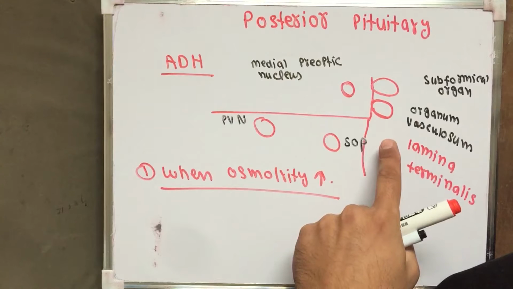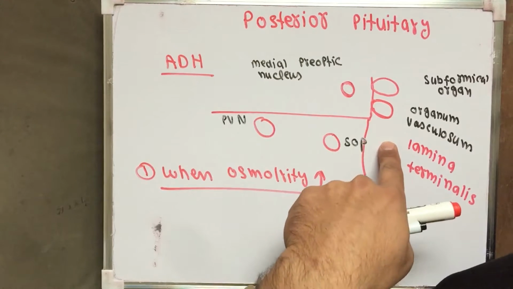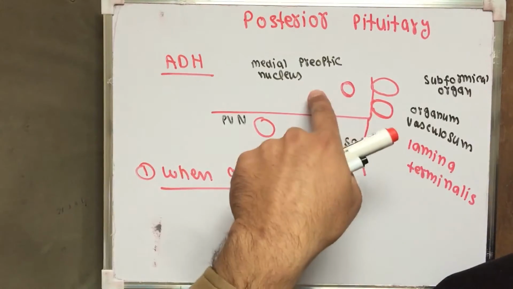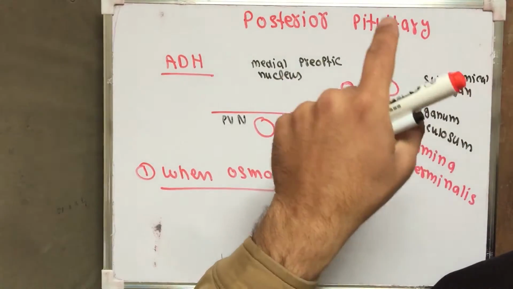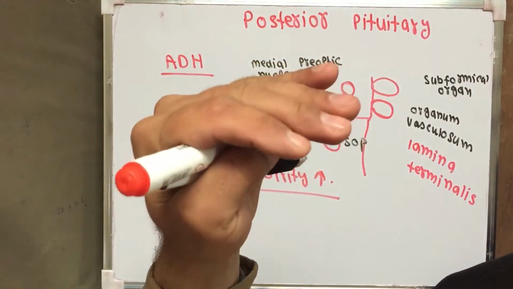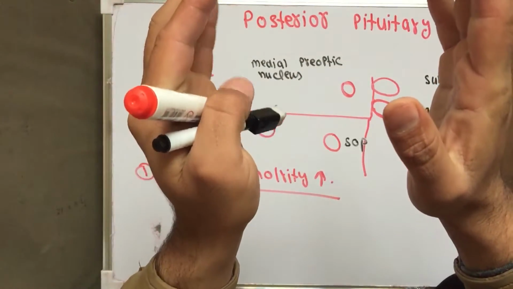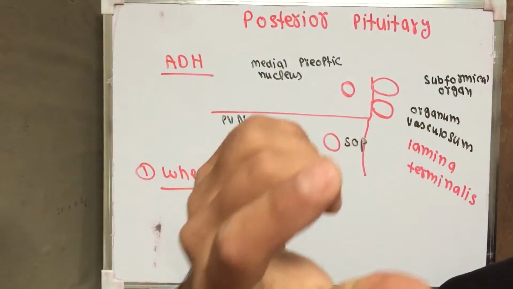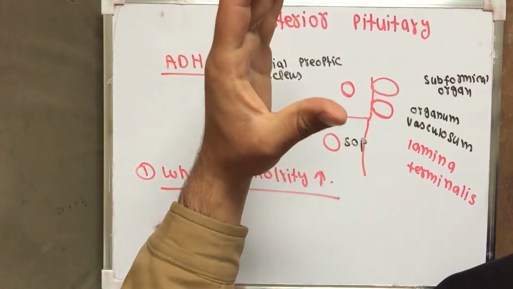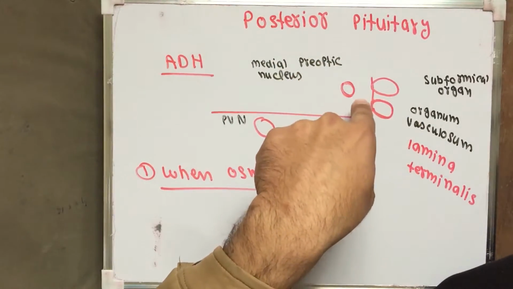Lamina terminalis region will be activated whenever there is an increase in osmolarity. This increase in osmolarity and decrease in water content is detected by the lamina terminalis.